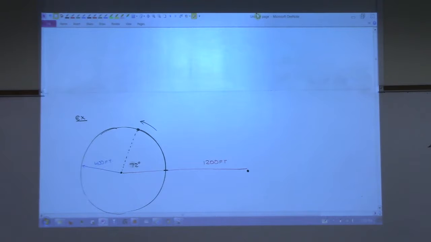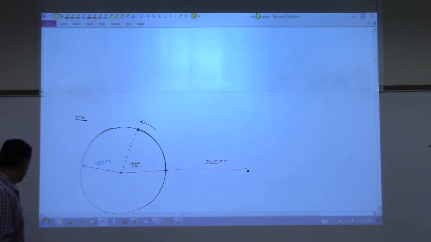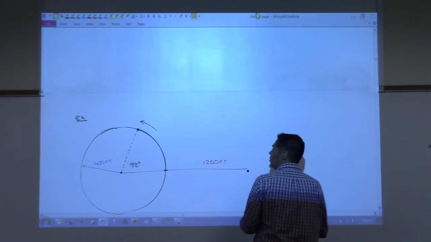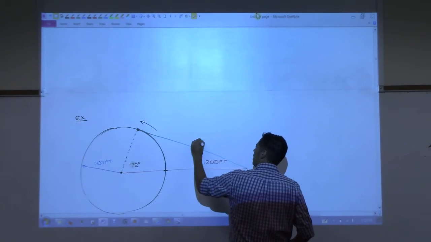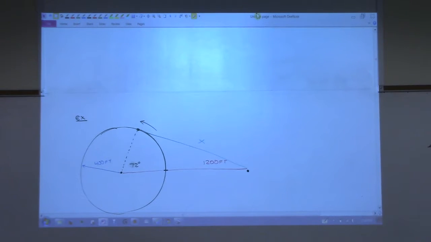How far away are they from the observer? So how far are these two people away from each other right now? Okay. Yeah, I've got a green right there. So my question to you is, what's x? Find x. All right. No, we're going to work this one out. Okay? We're going to work this one out.